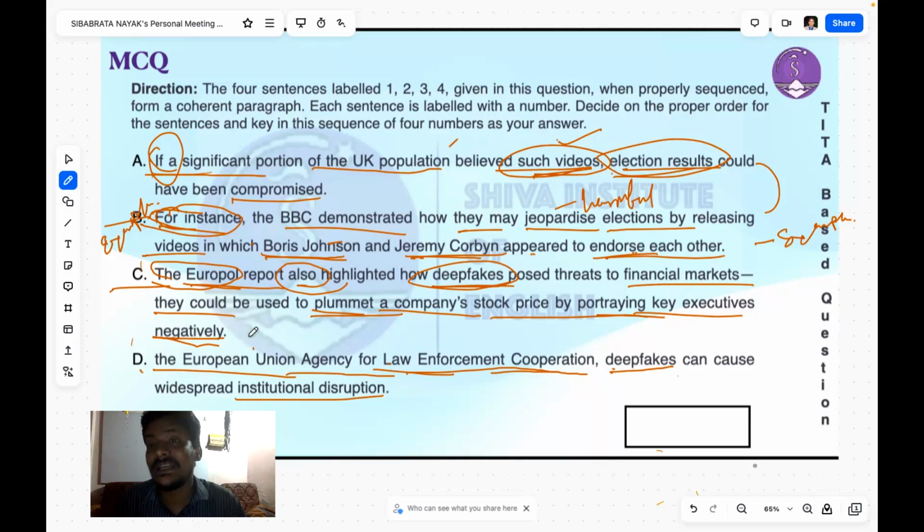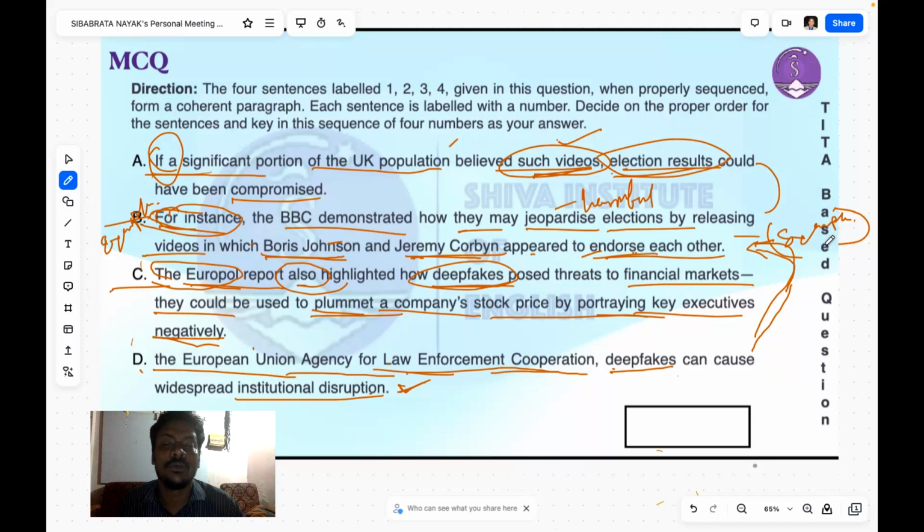But see that here it is stated the European Union Agency for Law Enforcement Cooperation says deepfakes can cause widespread institutional disruptions. Now, how do you make this statement? Obviously, this statement is drawn on the basis of an example. So you can say that an argument is made, and to prove that argument valid, option B is given as an example to make the argument true, isn't it?